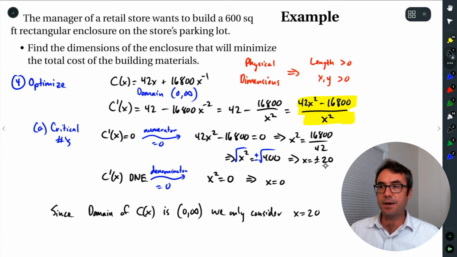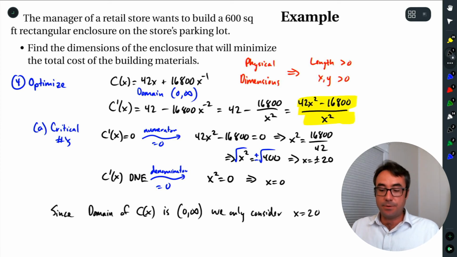There are other values, negative 20 and 0, but they don't mean anything in terms of this problem. We're only interested in x equal to 20. All right, so that's our only critical number on our domain from 0 to infinity.